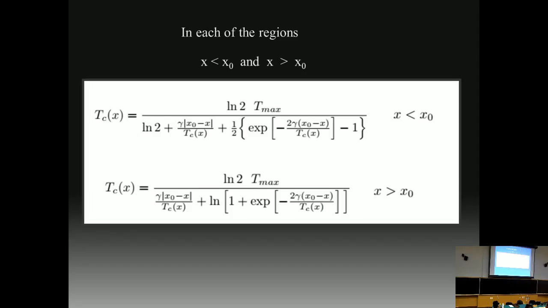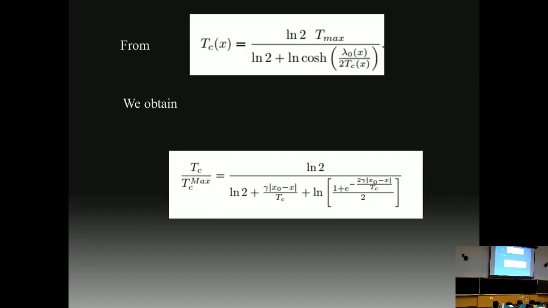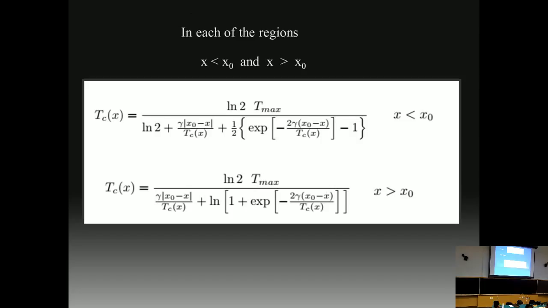So now from the original equation, we do two kinds of expansions, on the left and on the right. And we get these two implicit equations again.